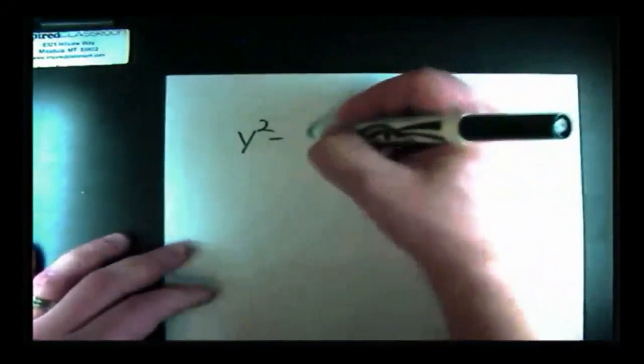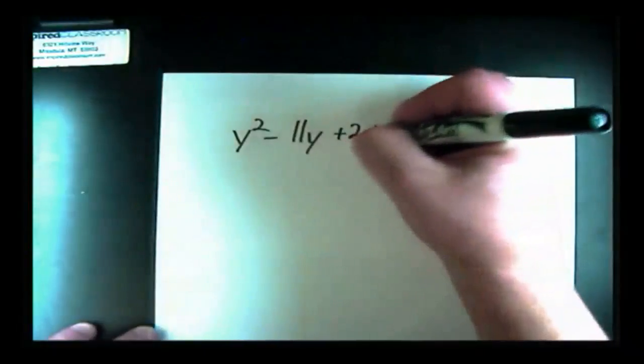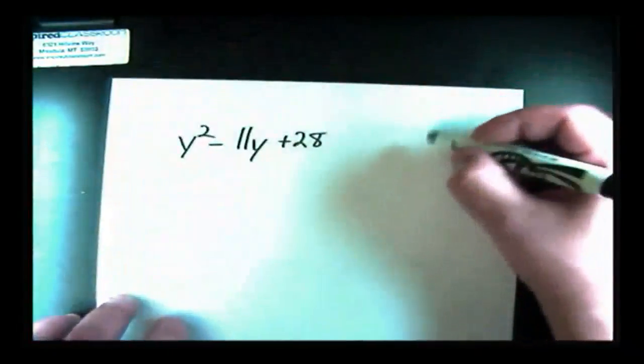We'll do that one more time, just for practice. We'll do y squared minus 11y plus 28. So we'll grab our 28, we'll stick it over here.